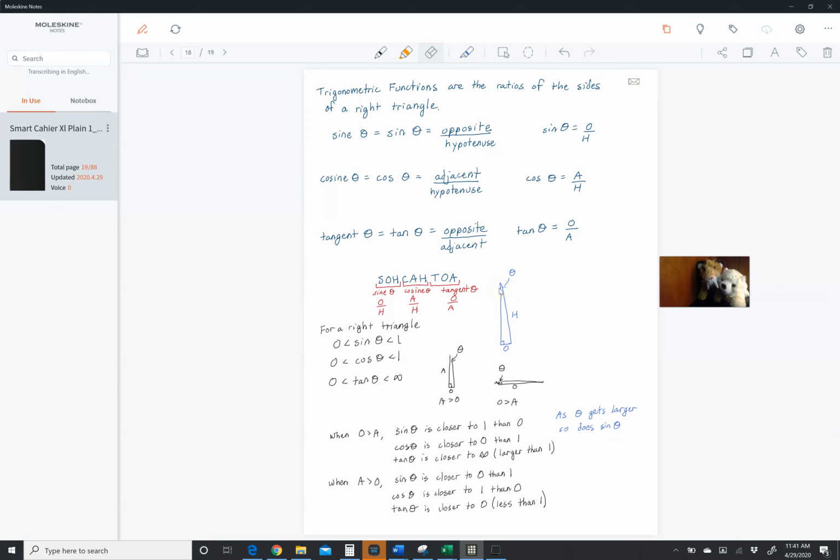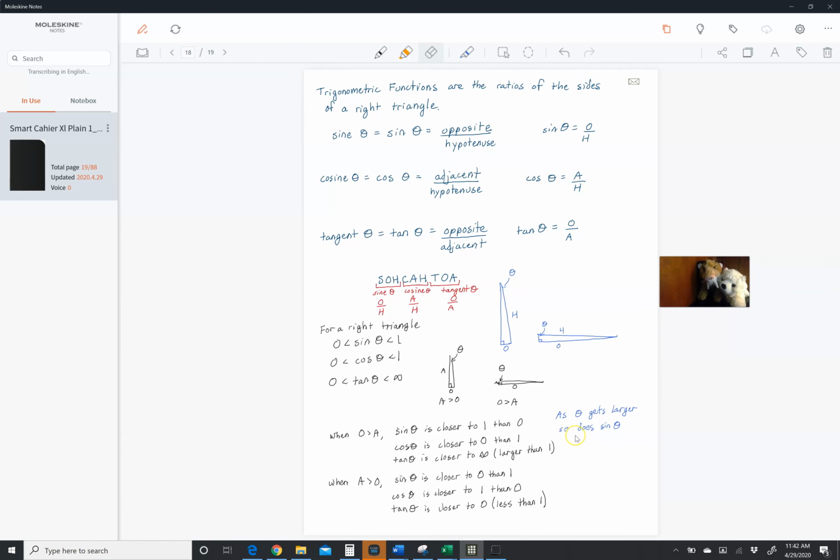If our theta gets bigger, so now our theta is growing. Our opposite gets bigger, okay, which means that the sine gets bigger. The opposite over the hypotenuse is going to increase, because as the numerator increases, okay, the sine is going to increase. The whole fraction will increase.